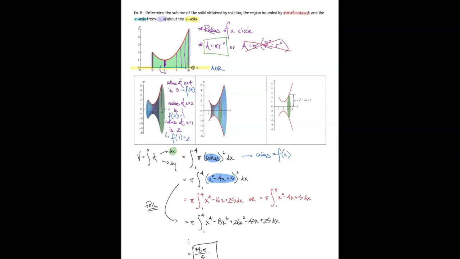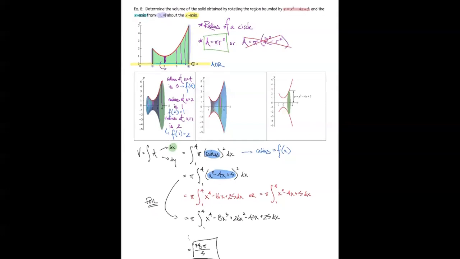All right, so that is our first taste of a volume of revolution, right? We're taking something, creating it in 3 dimensions, and then we're able to find the volume of that shape.